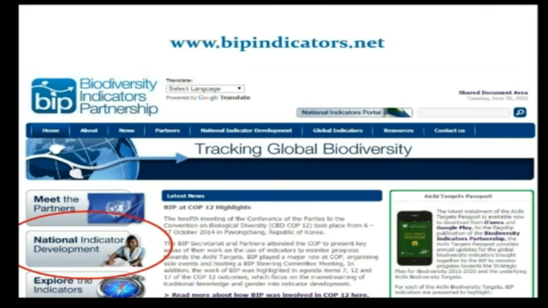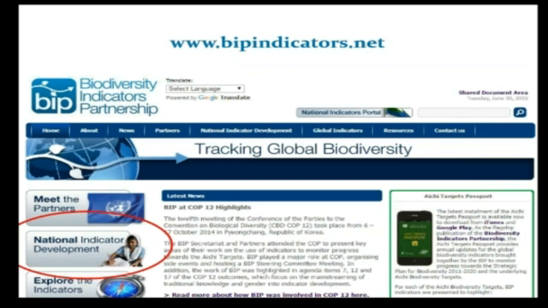And much of the resources that I'm going to be introducing today have been developed as part of the work of the Biodiversity Indicators Partnership. UNEP-WCMC is the secretariat of this partnership, which has been operating since 2007 to support both the development and use of biodiversity indicators at the global scale, and also national and regional scales. We've developed a series of resources to help with that, run many capacity building workshops, and continue to do that.